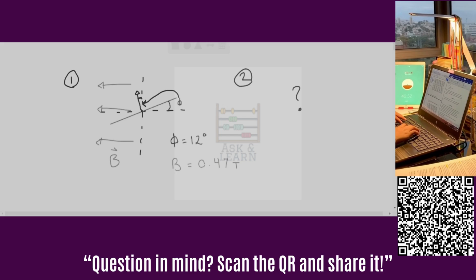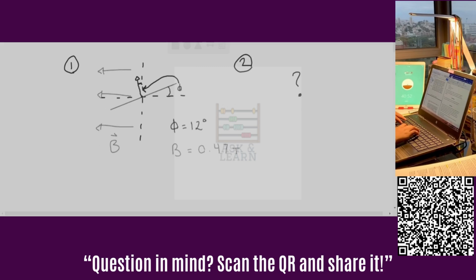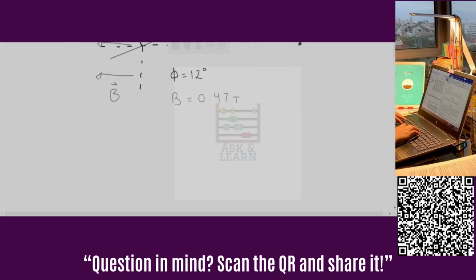If we drew the angle between the magnetic field and the vector perpendicular to our surface, it would look something like this. Here's B, and our surface normal would point a little off like that.